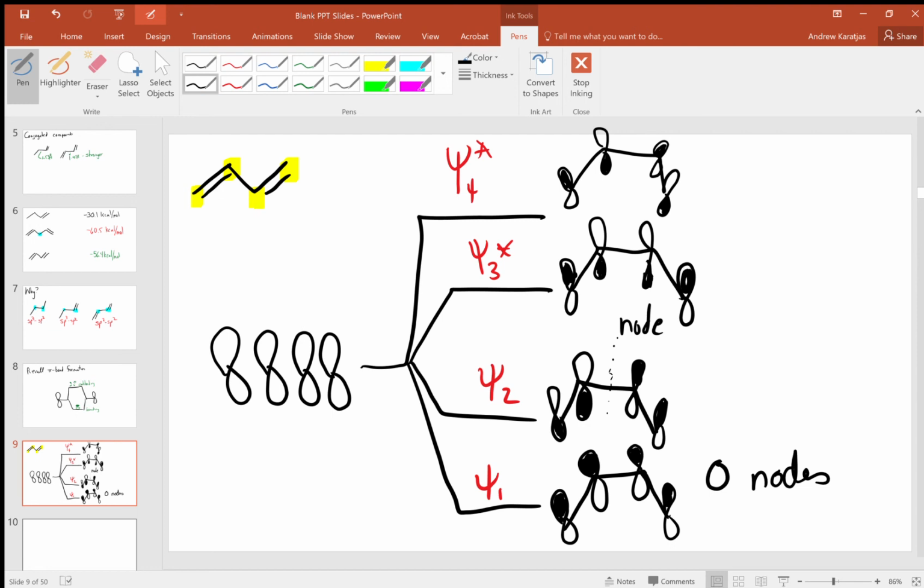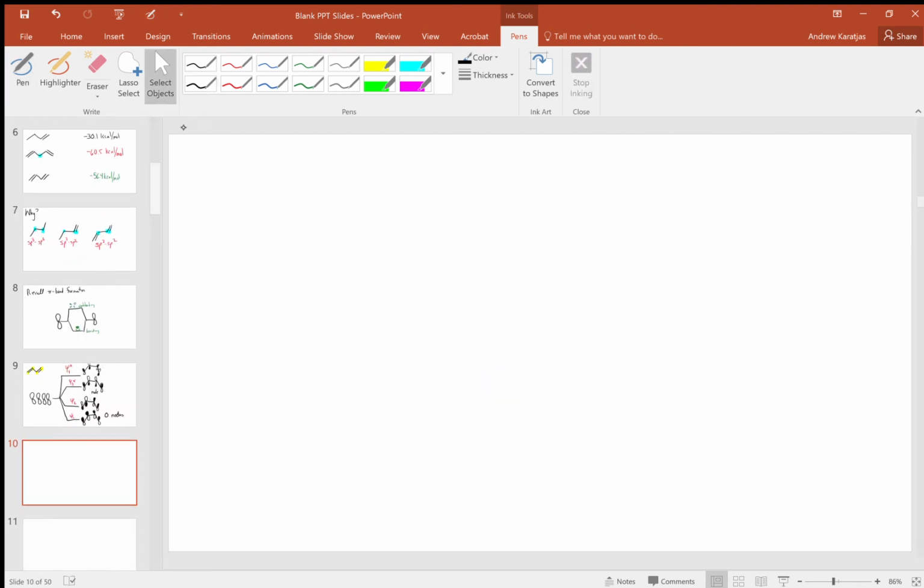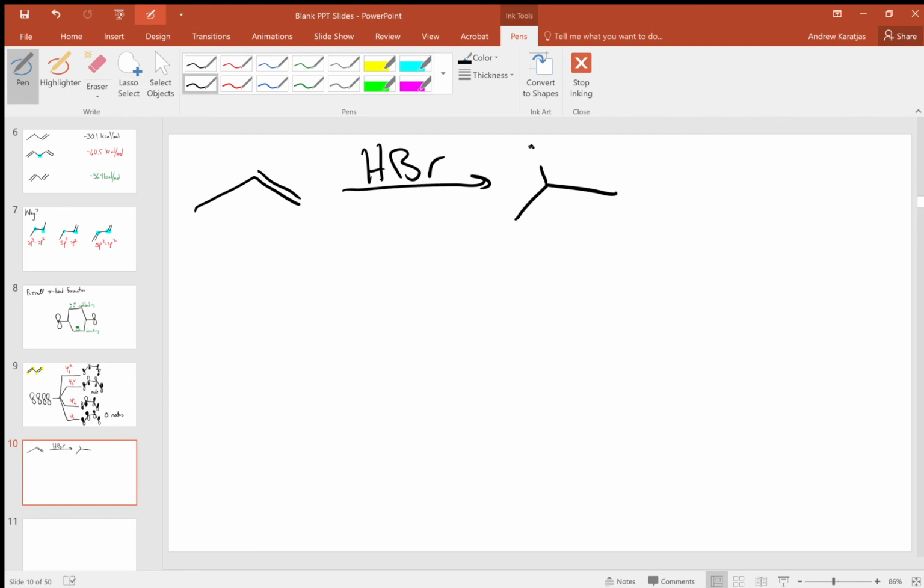Now, in terms of reactivity, this actually leads us to some interesting consequences. The very first reaction we learned in this course was the addition of HBr to an alkene. We know that gives us this product. But what if we tried this same reaction with a conjugated diene?